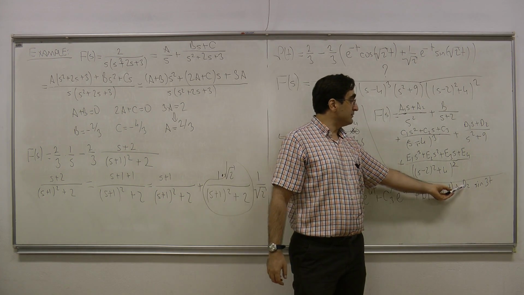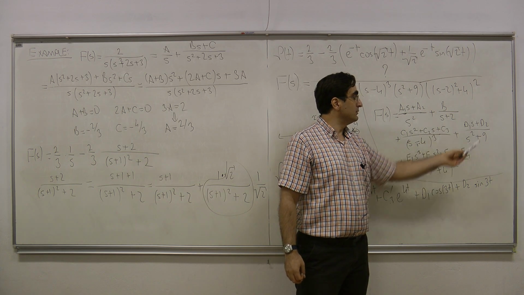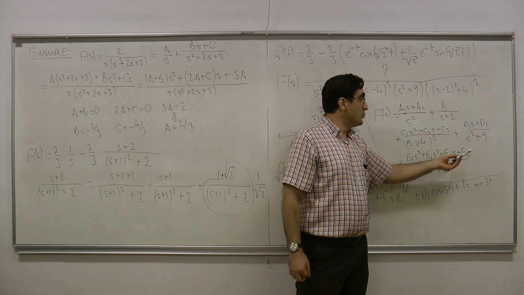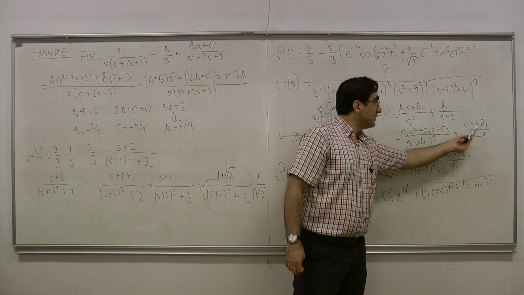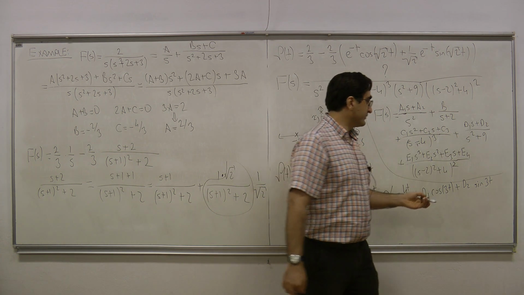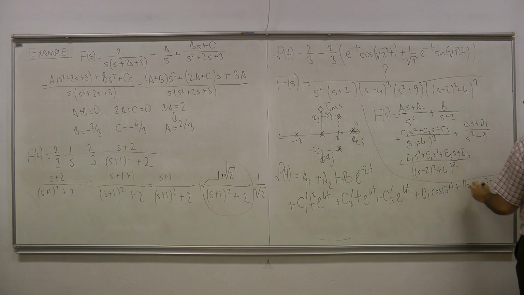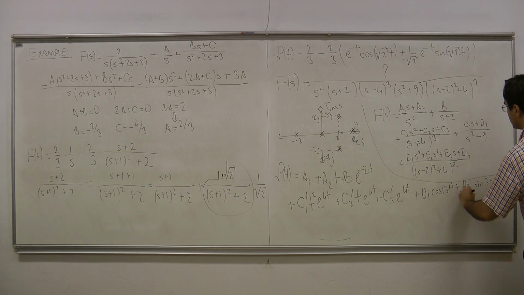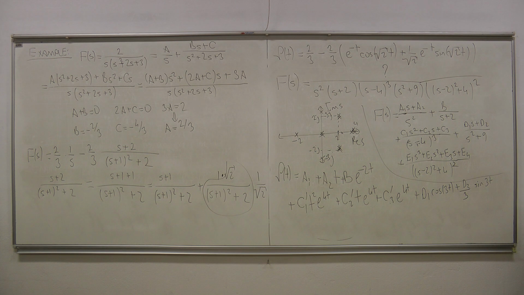Do you think I would have d2 sine 3t here? The answer is no. Sine 3t is 3 over s squared plus 9. Okay? As a result, in order for me to be able to write here this sine 3t, I need to divide the result by 3. Multiply this one with 3 and divide by 3, then this division is going to give me this.